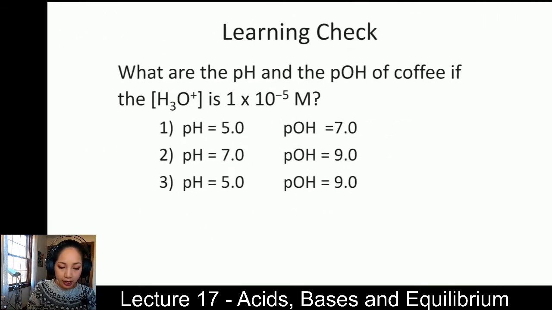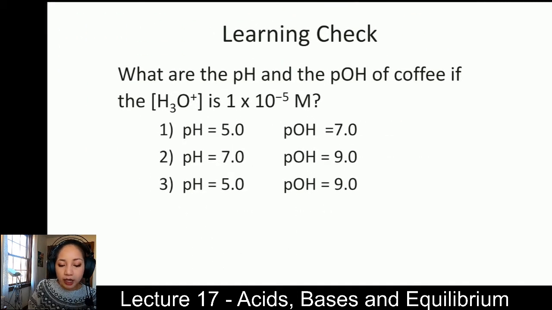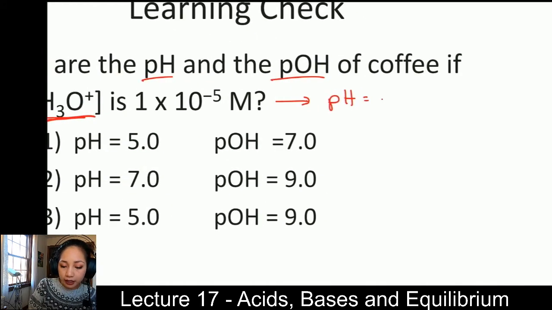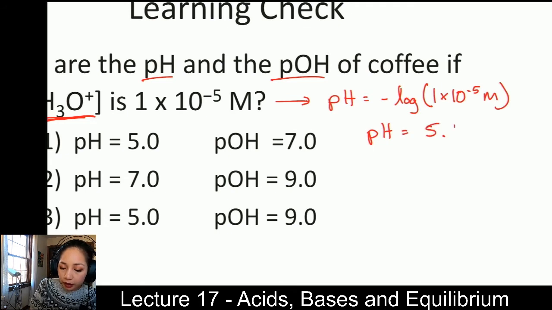Okay, so now this last one. What are the pH and pOH of coffee if the hydronium concentration in coffee is 1 times 10 to the negative 5? Since they give us hydronium concentration, we could easily turn that into pH. So the pH of coffee is negative log of our hydronium concentration, 1 times 10 to the negative 5 molarity. So the pH in coffee is 5.0.